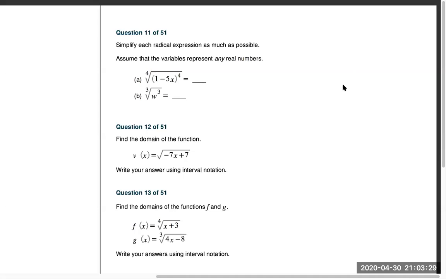So for number 13, notice you have one even root and one odd root. Okay, so for f of x equals the 4th root of x plus 3, we have an even root. So we must check when the radicand is greater than or equal to 0.